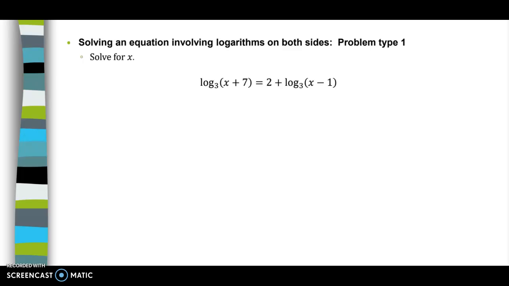So step 1 is to get all logs on one side. So I'm going to subtract log base 3 of x minus 1 from both sides, and I'll end up getting log base 3 of x plus 7 minus log base 3 of x minus 1 equals 2.